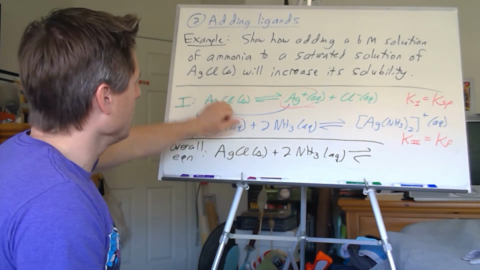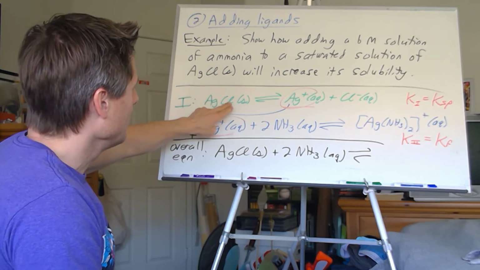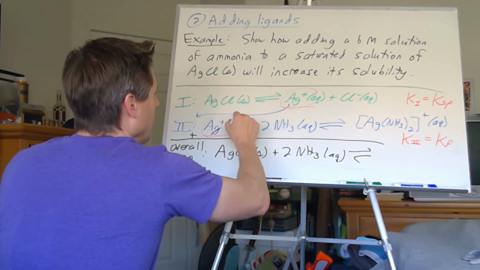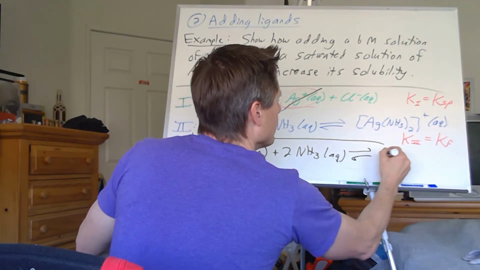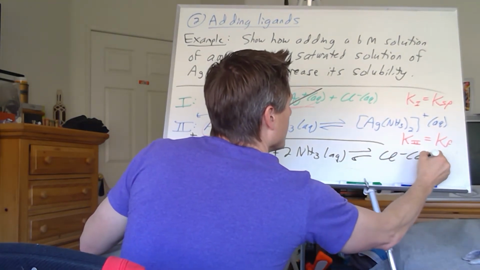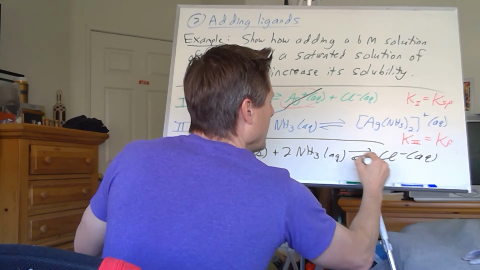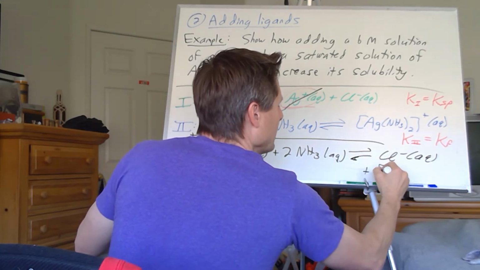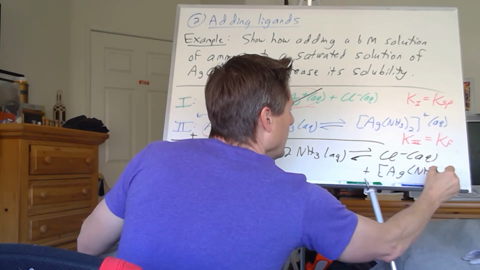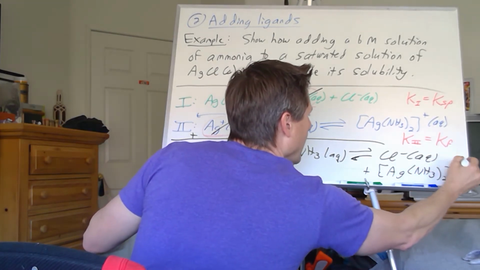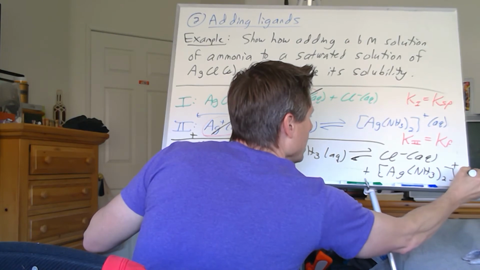Nothing left on the left-hand side. So that plus that goes away. That goes away. We're going to get a chloride over here plus the complex ion. I'm running out of space, gang. And voila. I'll squish my AQ in there.